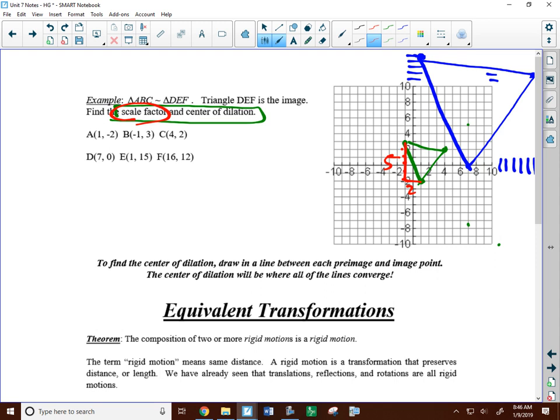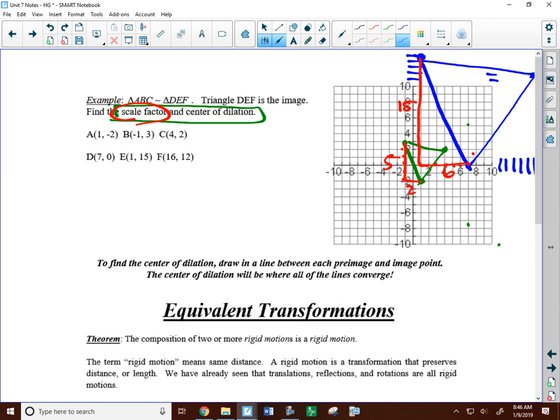Go to the corresponding side and count down and over. That was at 15, so this is down 15, right 6. And by the way, be careful with which one we're starting with. The triangles are similar. DEF is the image, that's the bigger one.